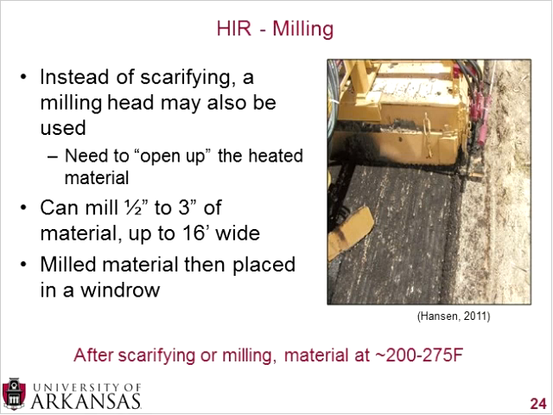What this does is by milling it, you open up the heated material, and you can mill a 1/2 inch to 3 inches of material deep, up to 16 feet wide, and then the material is placed in a windrow behind the milling machine and before the paver.